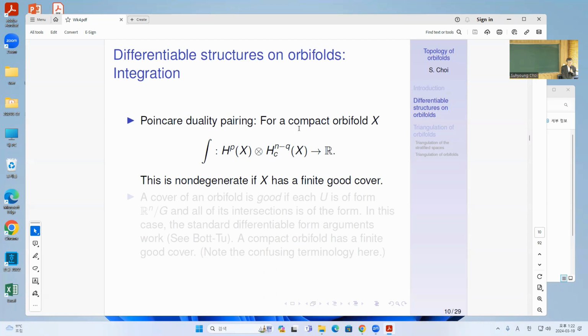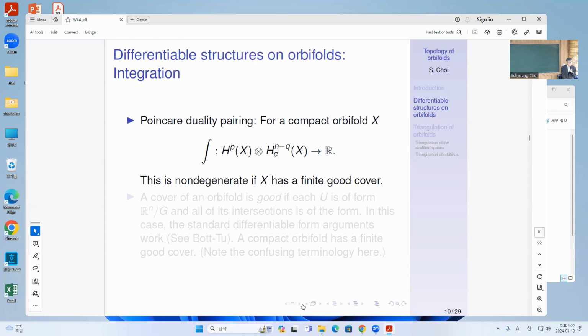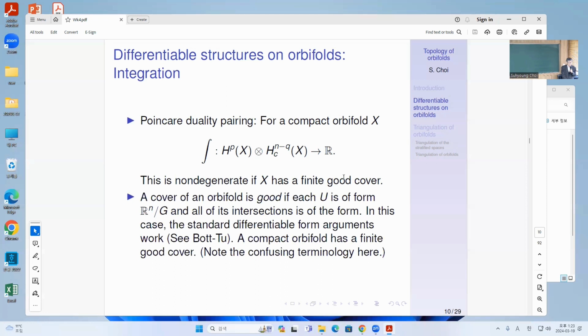I don't think compact is needed here because I have C here. But it is non-degenerate if you have a finite good cover. Okay, so for the closed orbifold you get a non-degenerate pairing. Okay, so that has to be proven, of course.